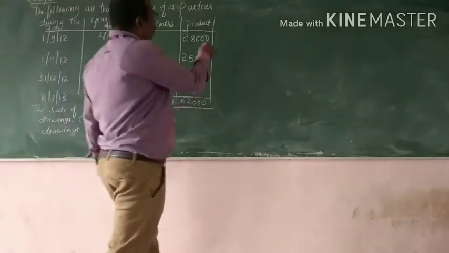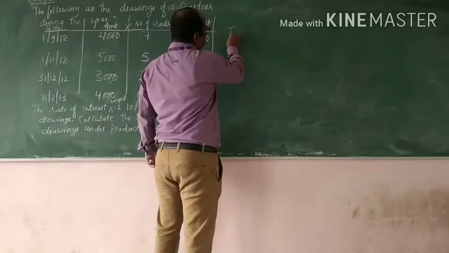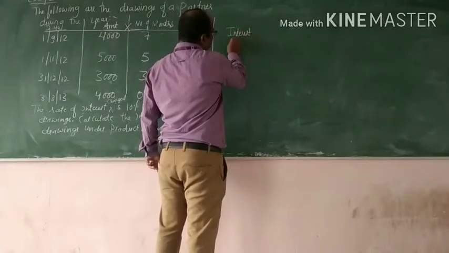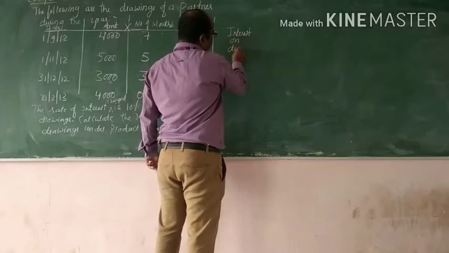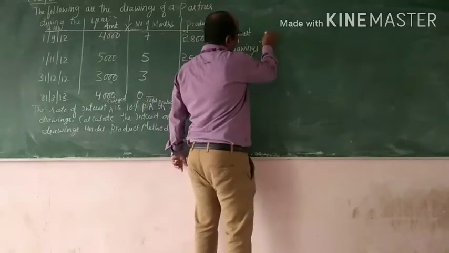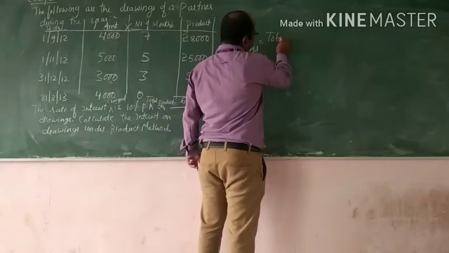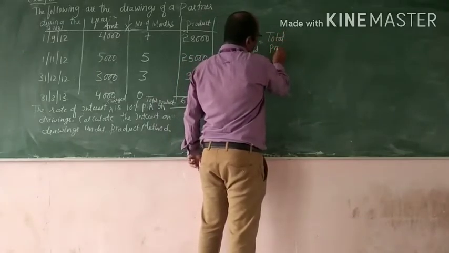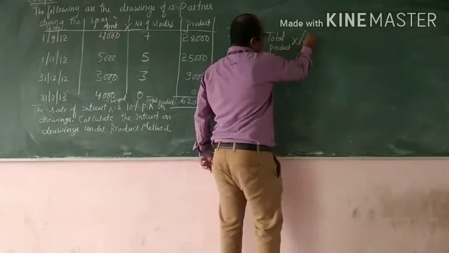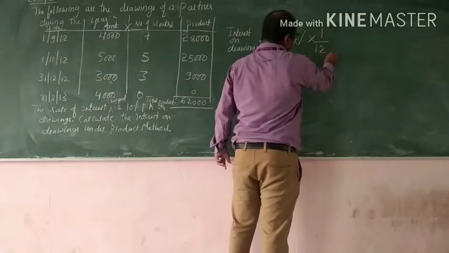So interest on drawings under the product method equals total product into percentage into 1 divided by 12.